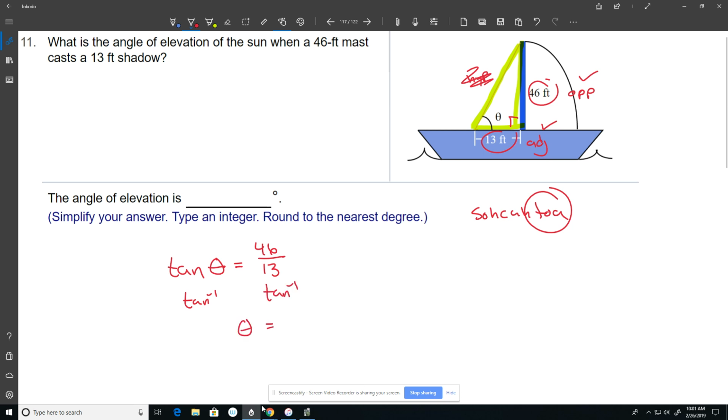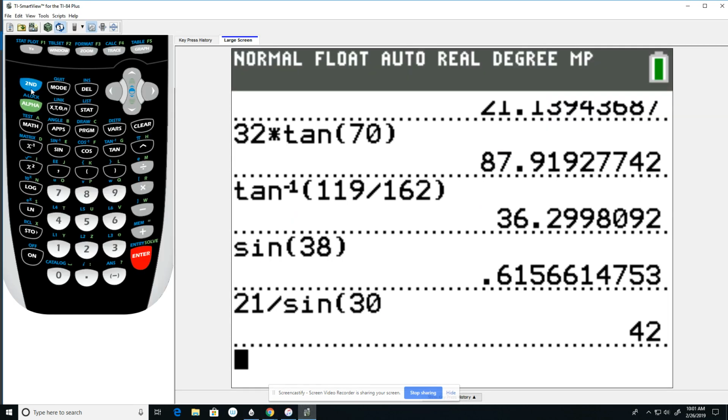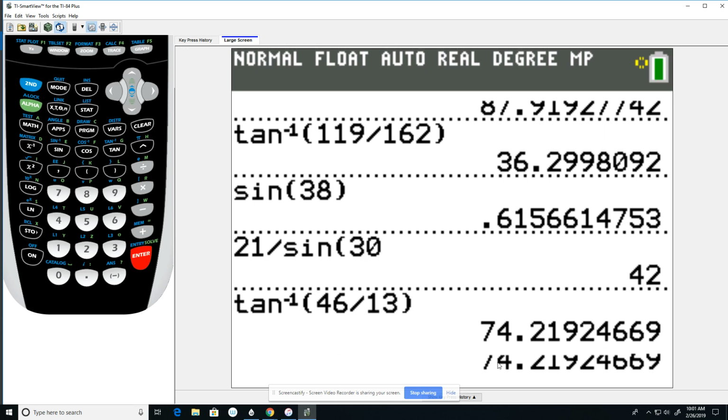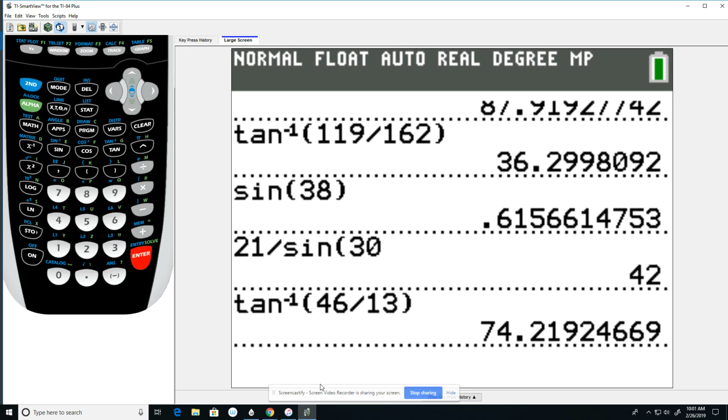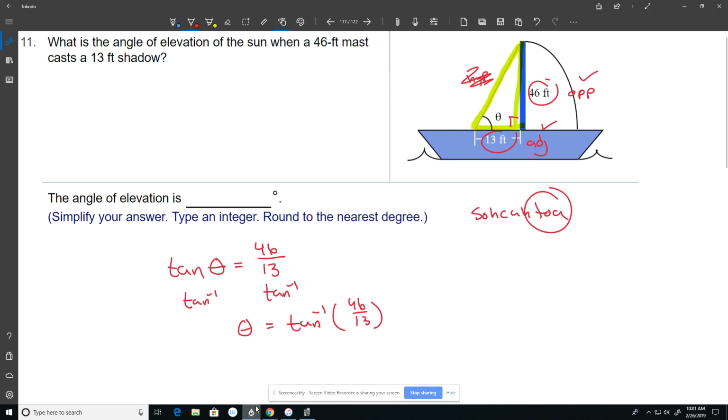So my angle is going to equal the inverse tangent of 46 divided by 13. So in your calculator, remember second inverse tangent, 46 over 13. Gives me 74.219. But if I look at my answer, it wants it simplified to the nearest degree. So 74.2 is just going to round to 74 degrees.